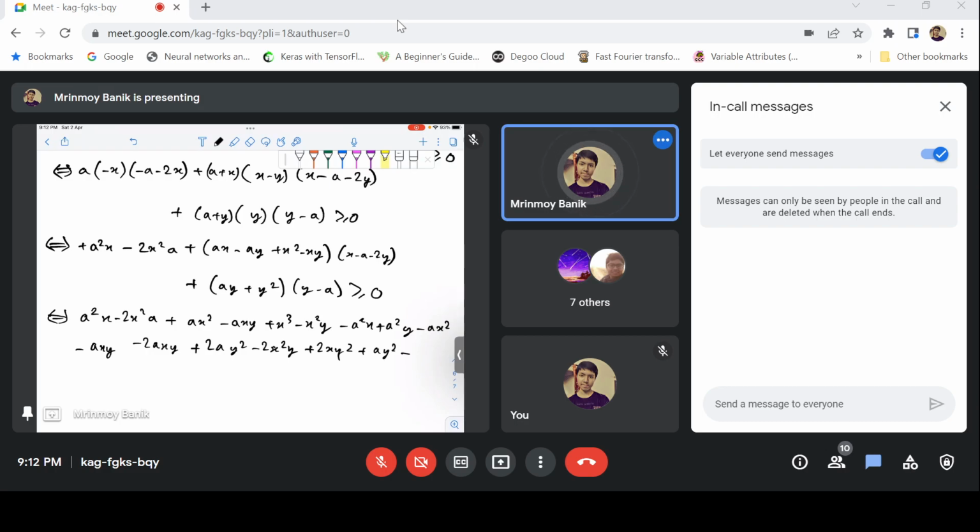Ay squared, y cubed, a squared y squared a. So this gets cancelled, this gets cancelled. Minus a squared y plus a squared y, minus ax squared plus ax squared.